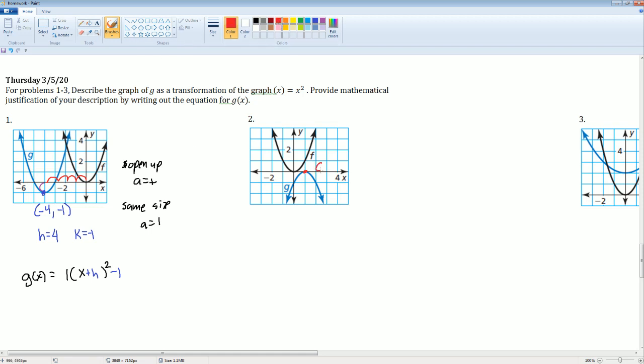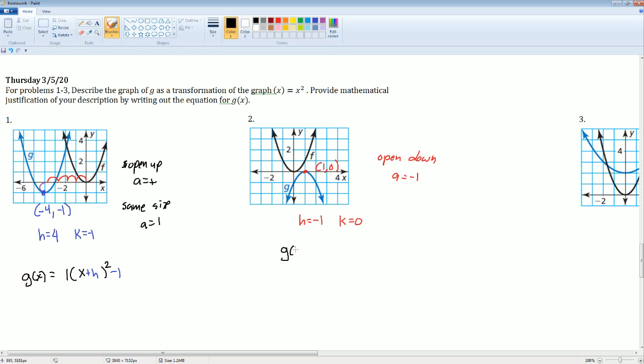Its new vertex is 1 comma 0, so h is going to be equal to -1, and your k is going to be equal to 0. It opens down now, so a has to be -1. Does anything happen to the size? No, nothing happened to it. So now we can just write the equation.